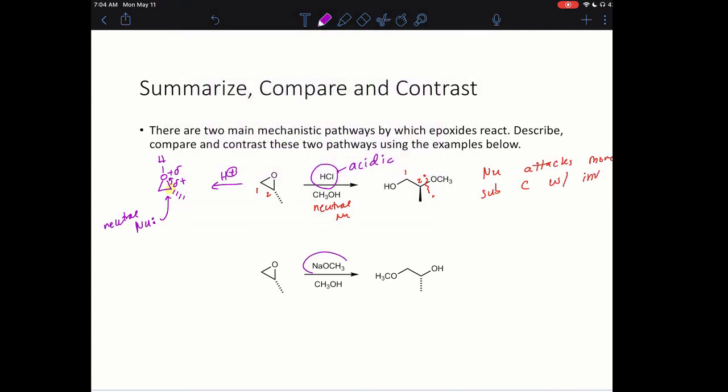Under basic conditions, what happens first is nucleophilic attack. The SN2 happens first. And it happens just in the classic, normal SN2 fashion, where you attack the less substituted carbon.